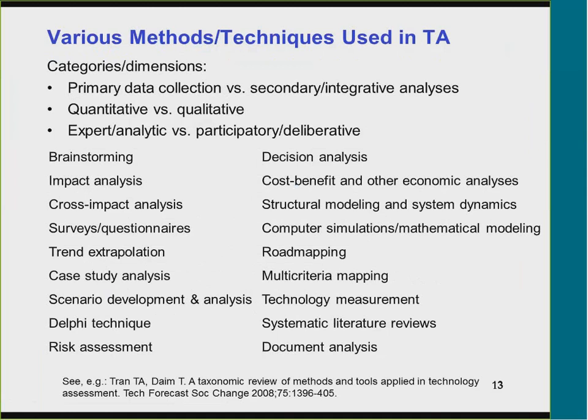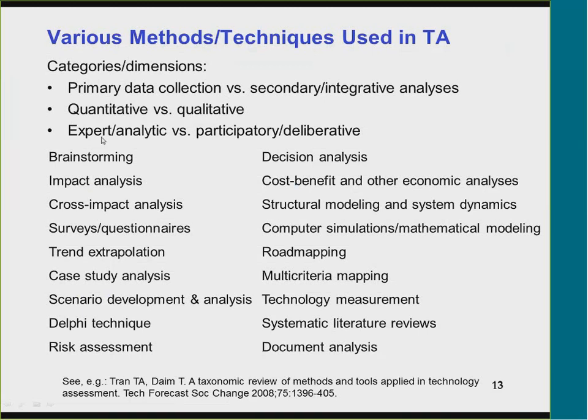Now, there are various methods or techniques that are used in technology assessment, and I just threw a bunch of them together on one slide just to give you an idea of the diversity here of a toolkit. You can look at them in terms of categories or dimensions. There's primary data collection versus secondary or integrative analyses that use primary data. Also quantitative methods and techniques versus qualitative ones.